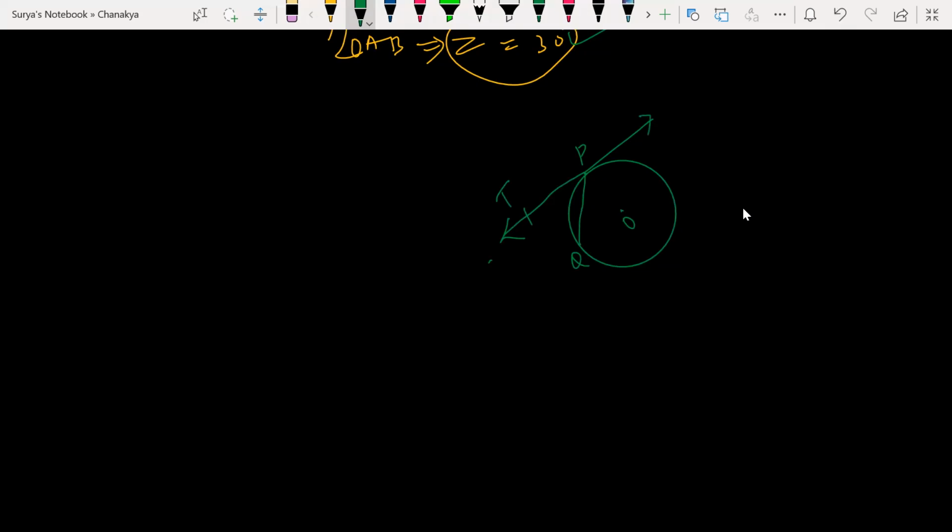And POQ is given as 70 degrees. And it is asking for what? TPQ. TPQ is what?